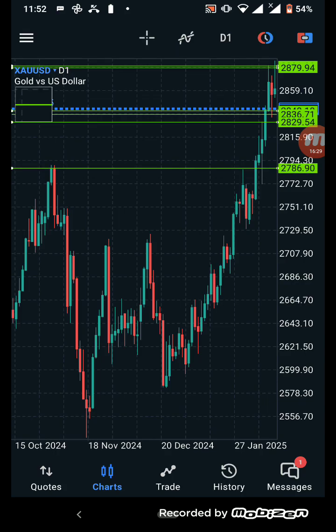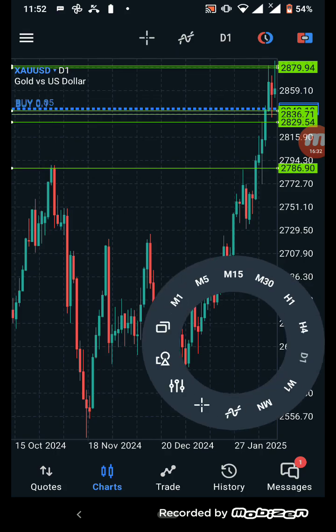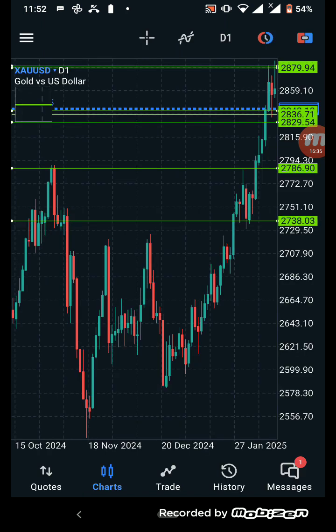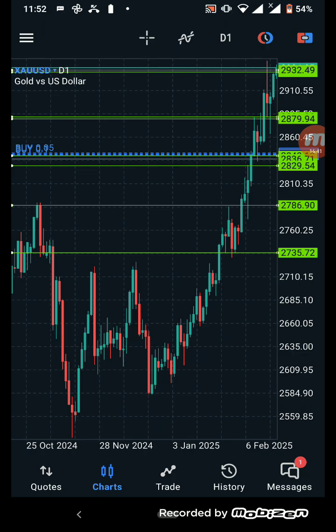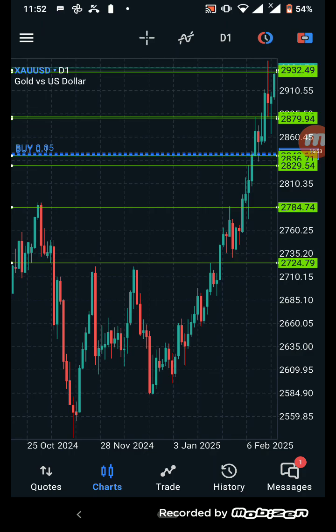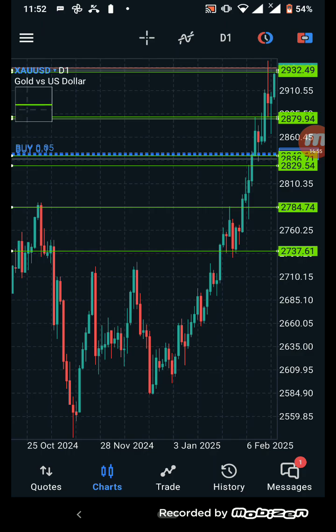On this other side again, it touched this zone and bounced back, and again this zone right here. As you can see, it reached this point, started coming down, reached this resistance zone, bounced back, started coming down, reached this point here, started going up. So it respected this point. So this is a support zone, this is a resistance zone.